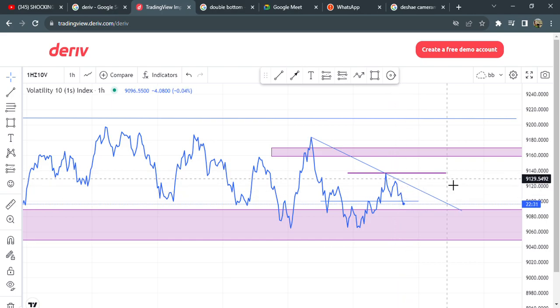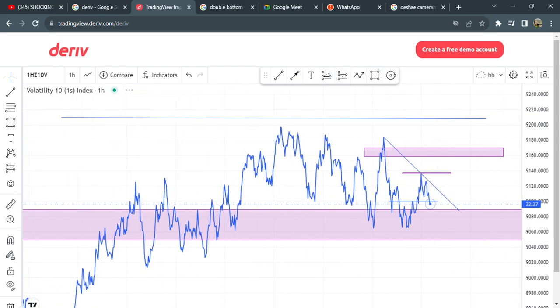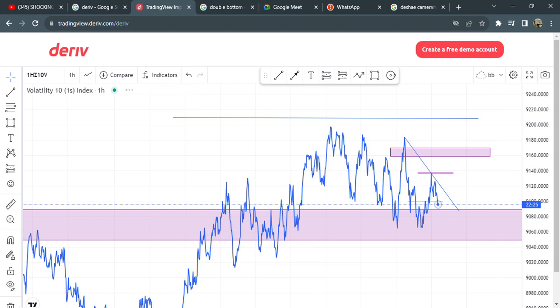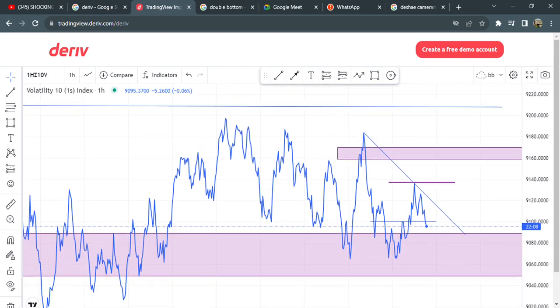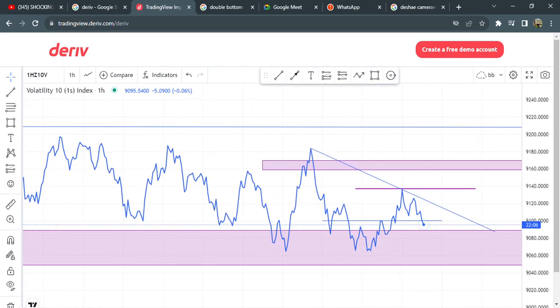I believe now the market is collecting some liquidity in those areas. So sometimes you put it in the line graph for you also to see clearly what is happening.